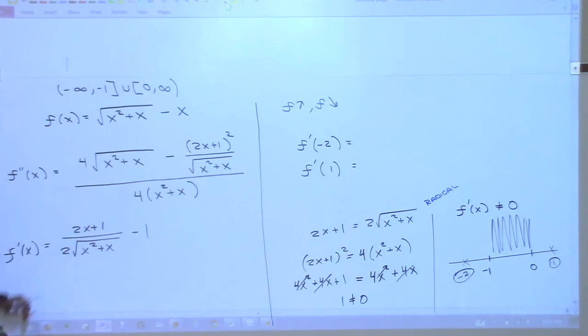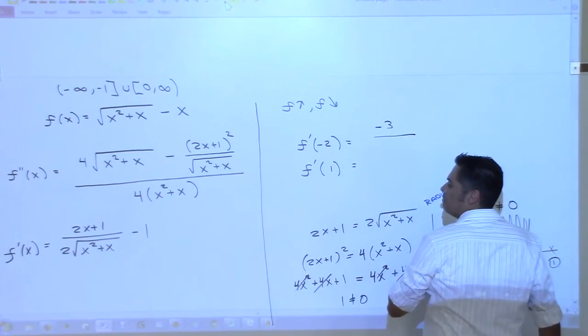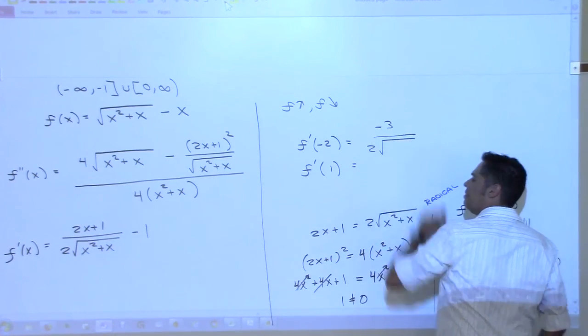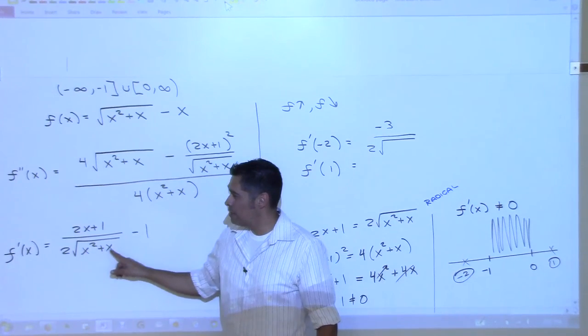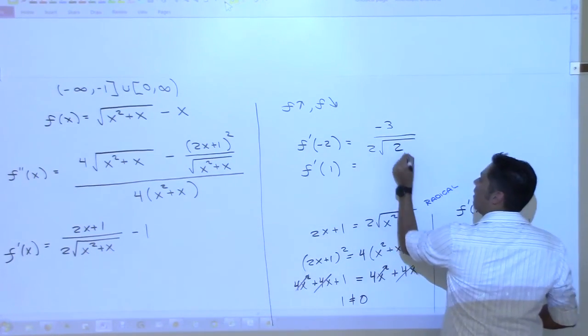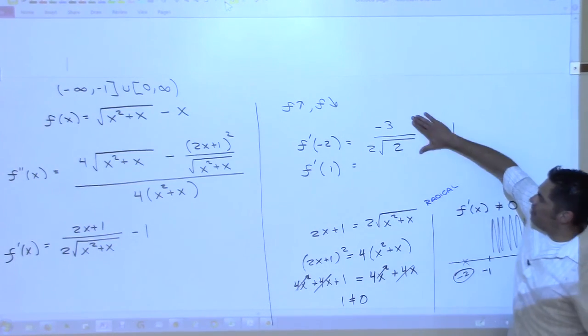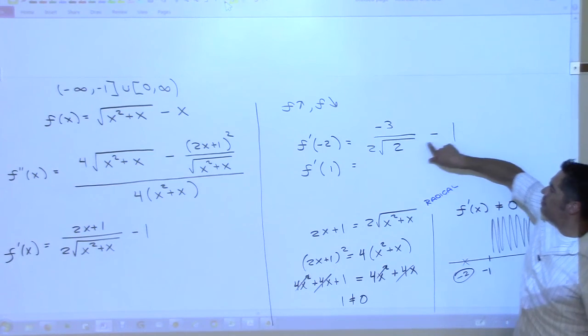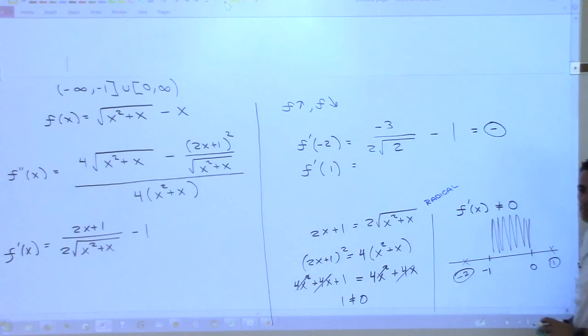So let's do -2 into here. -4 plus 1 is -3, over 2 times the square root of, now -2 here and here would give us 4 minus 2, which is 2. And then I'm supposed to subtract 1, right? Well, this is a negative number, isn't it? Negative, take away 1, that's still negative. So it's a negative number. What does that tell me my function is doing over here?